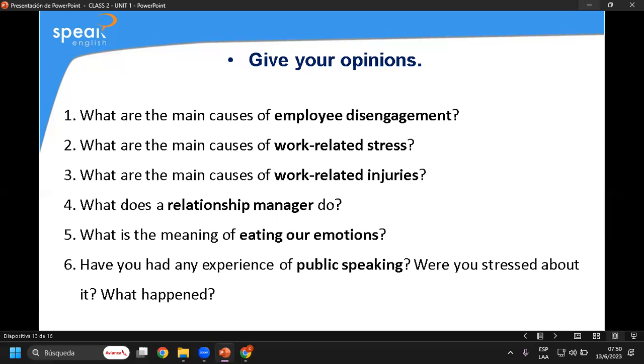Exactly. Imagine if you don't eat at work on time, if you don't have a schedule for eating, what will happen to you? You will suffer gastritis. Is that a work-related injury? Yes or no?